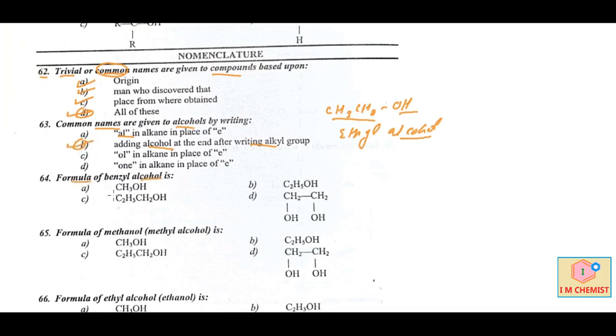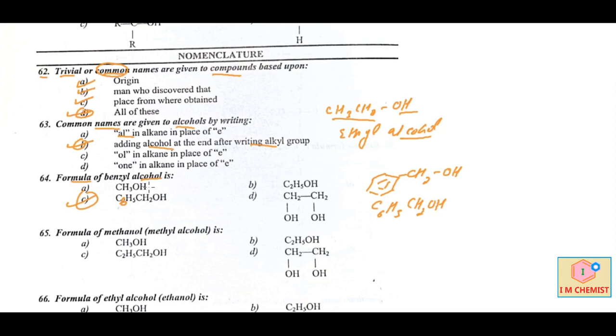Formula for benzyl alcohol is actually, once you have a benzene ring and it is attached with a CH2 group that is further attached with a hydroxyl group. So this would be C6H5CH2OH. If you write 6 in place of 2, so this would be the right option.